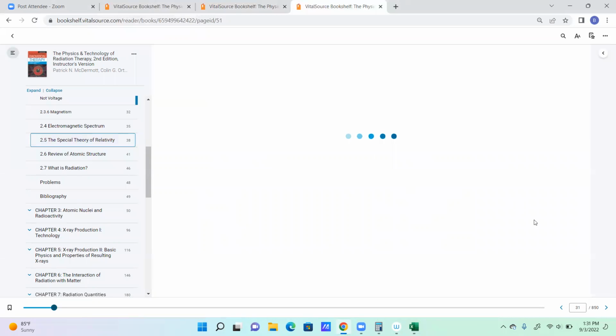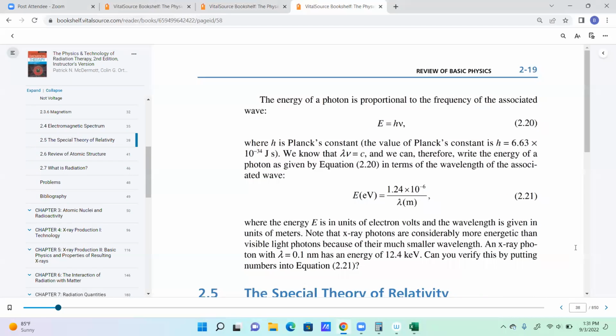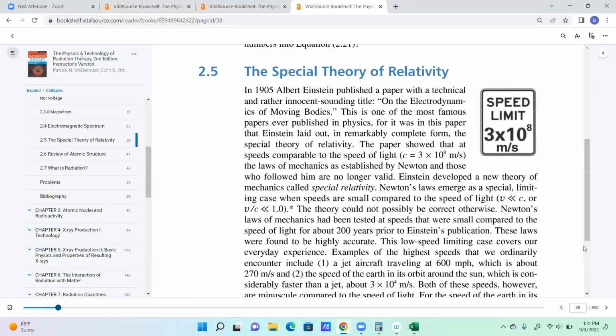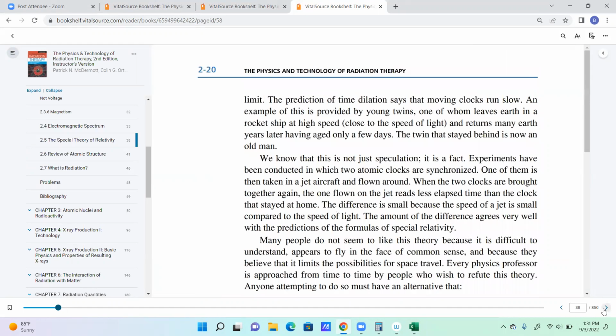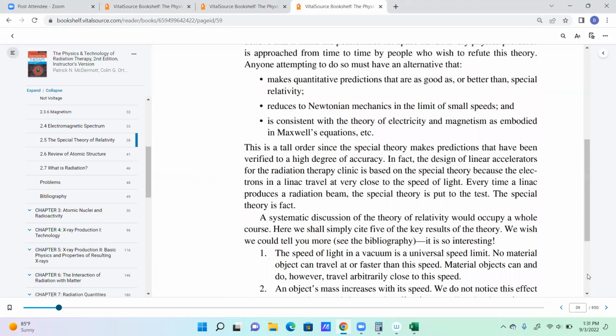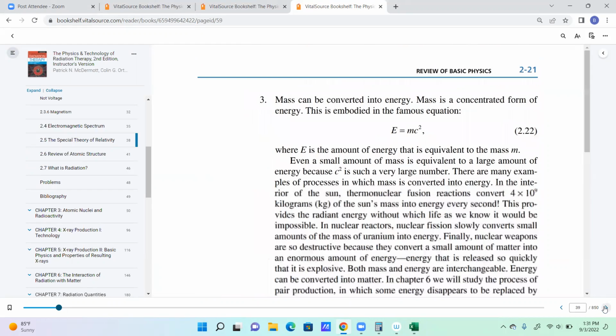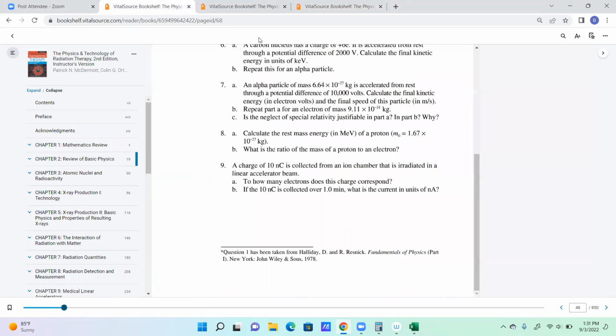Here we go. This famous equation right there, that's what we're going to end up needing. So E is equal to mc squared. I've heard it all your life, but this is actually what it means. So we're going to calculate the rest mass energy of a proton.